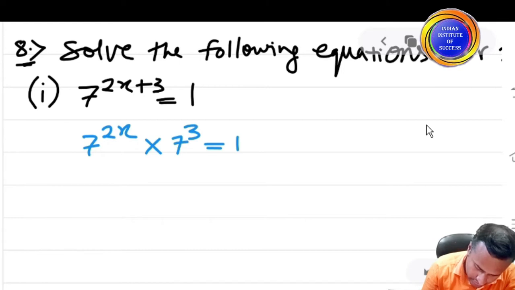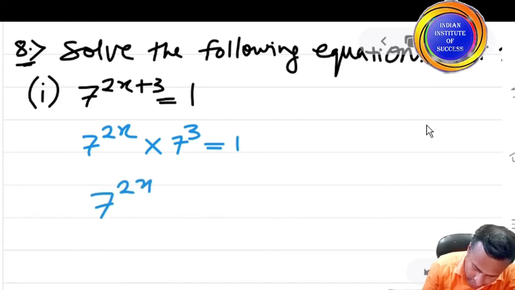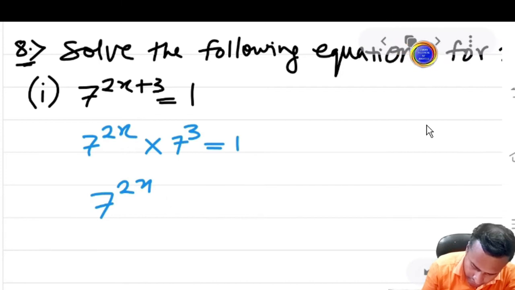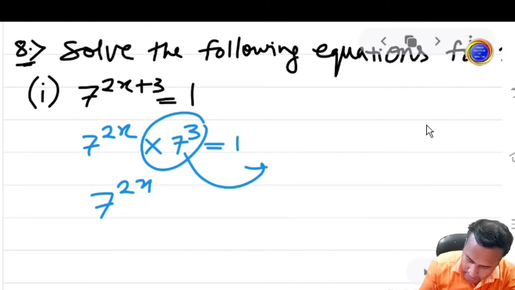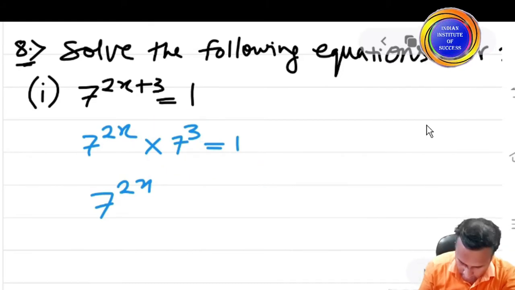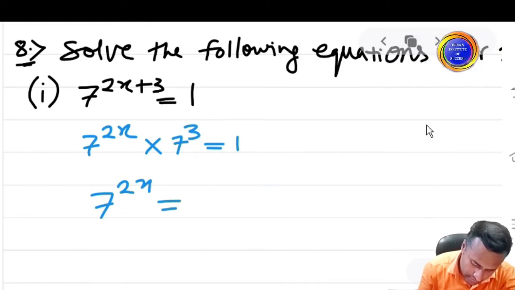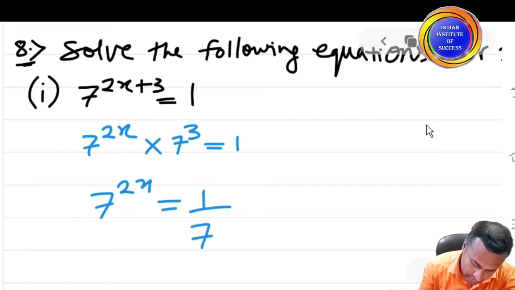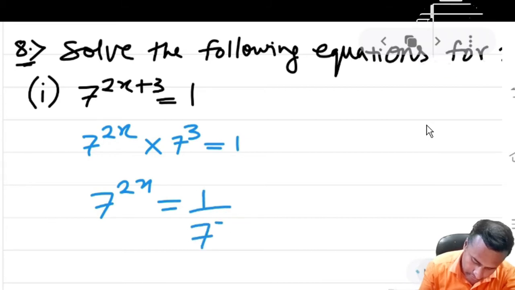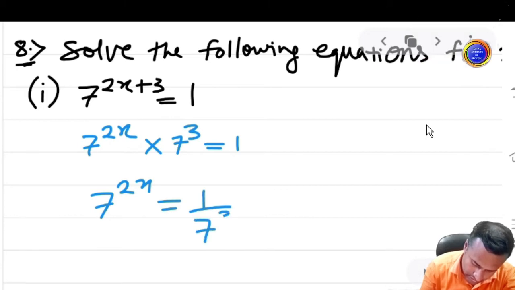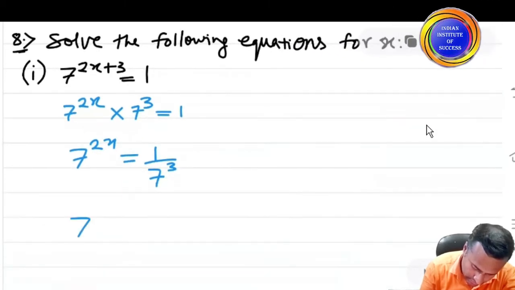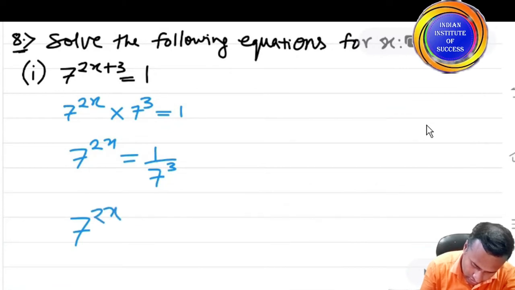Now here 7 raised to power 2x equal to 7 raised to power, it will go right hand side, it will become negative, means 7 raised to power minus 3.